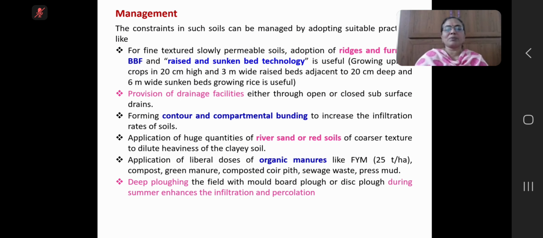So that can be adapted to protect the crop from water stagnation, and also provision of drainage facilities, forming contour and compartmental bunding, application of huge quantities of river sand or red soil or coarse-textured material to the soil, and also application of organic manures like farmyard manure, compost, green manure, composted coir pit, and deep ploughing during summer so that the infiltration rate can be enhanced to some extent. So these are all some of the management practices for slow permeable soil.